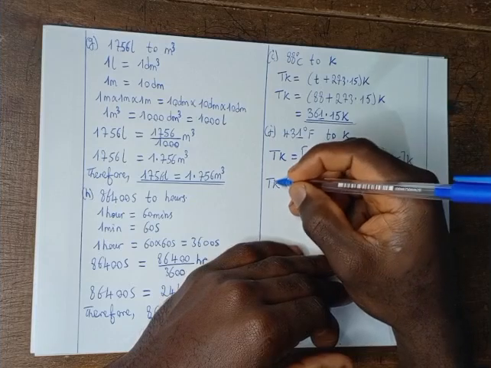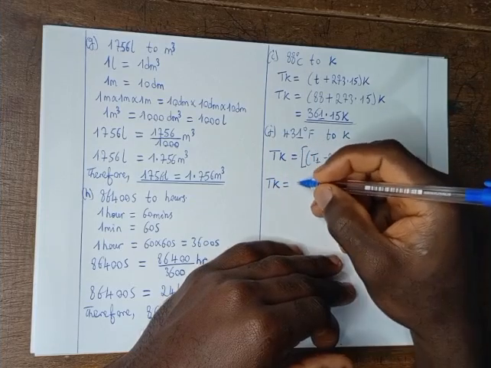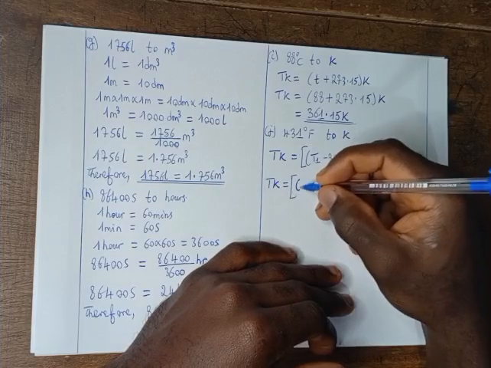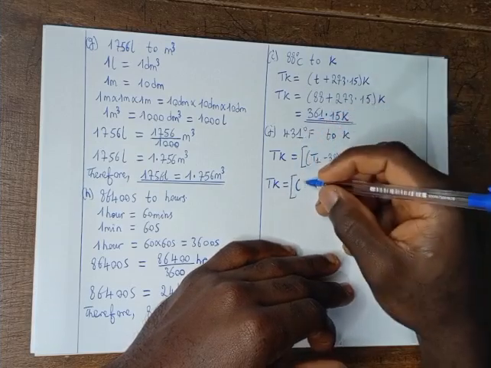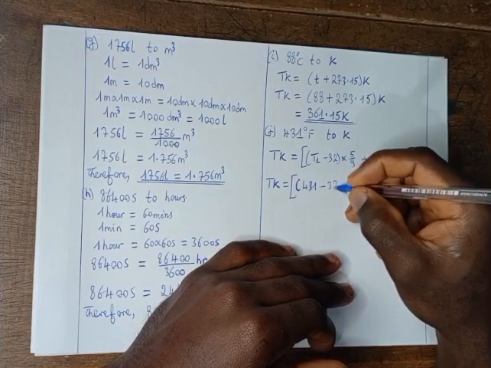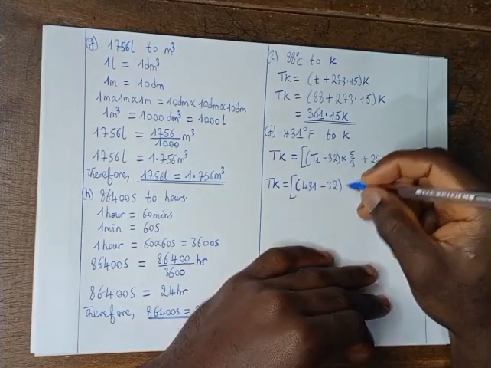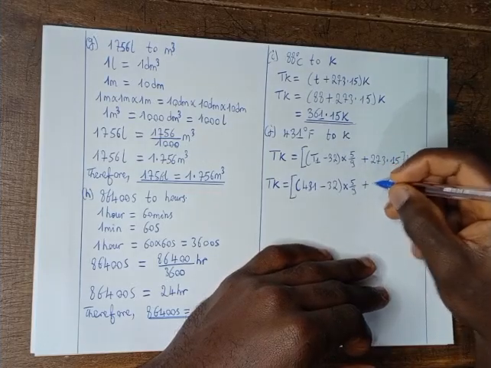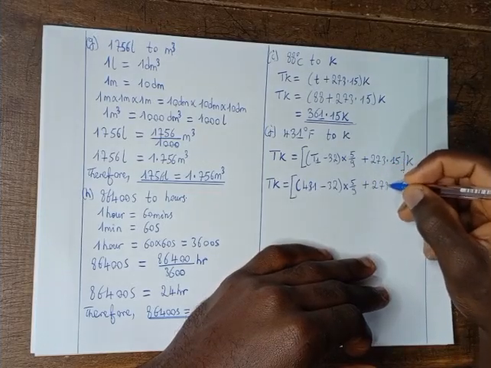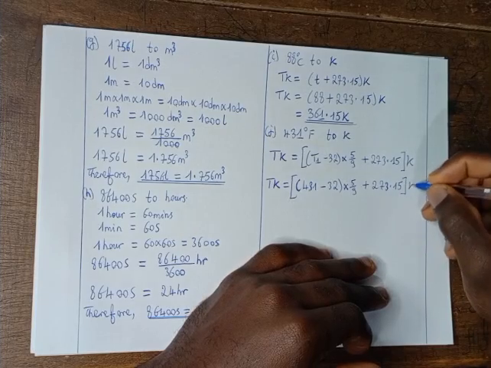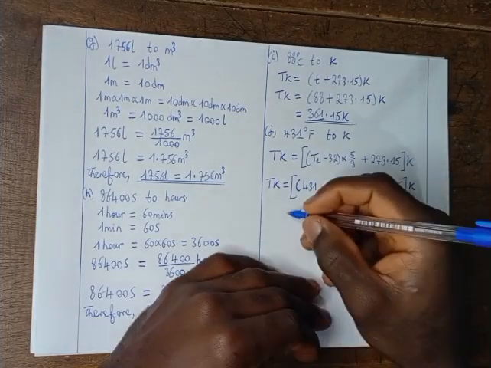This simply means that our temperature in Kelvin will be equal to 431 minus 32. Then we have to multiply it by 5/9. We add 273.15, and the unit will simply be Kelvin.